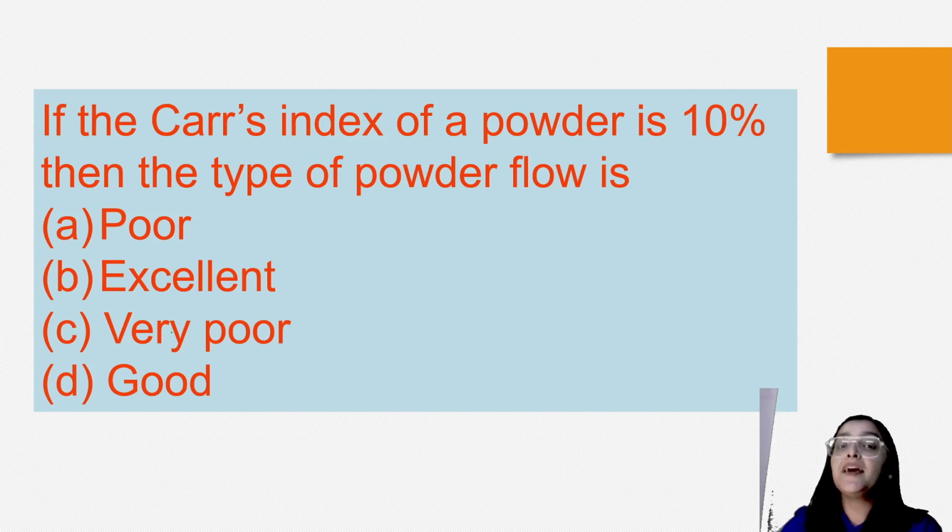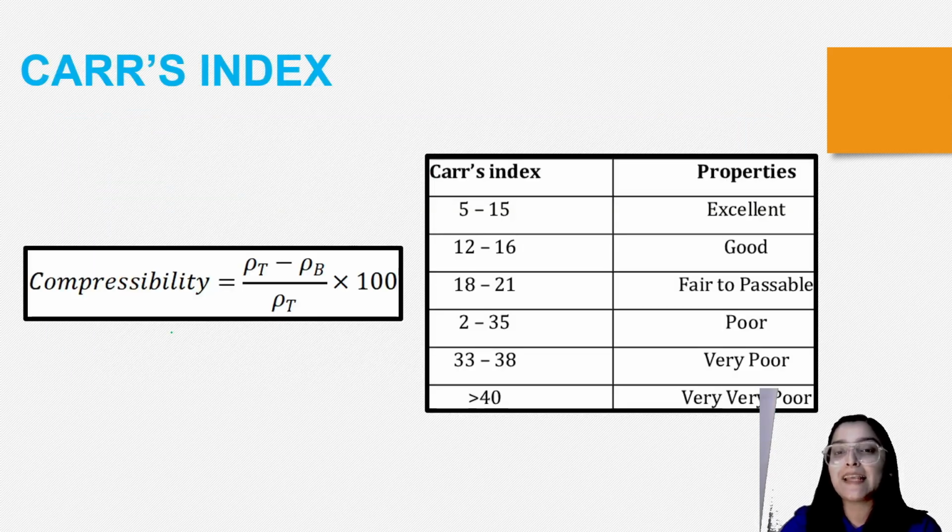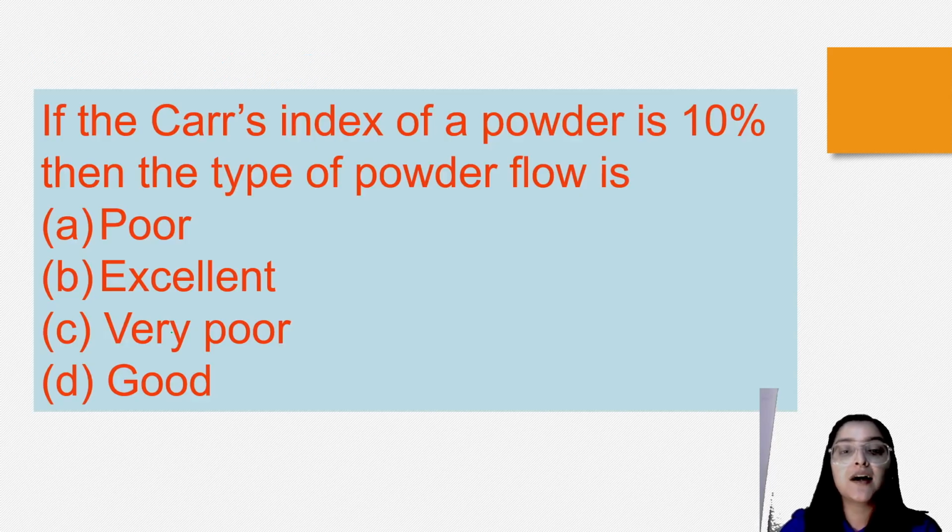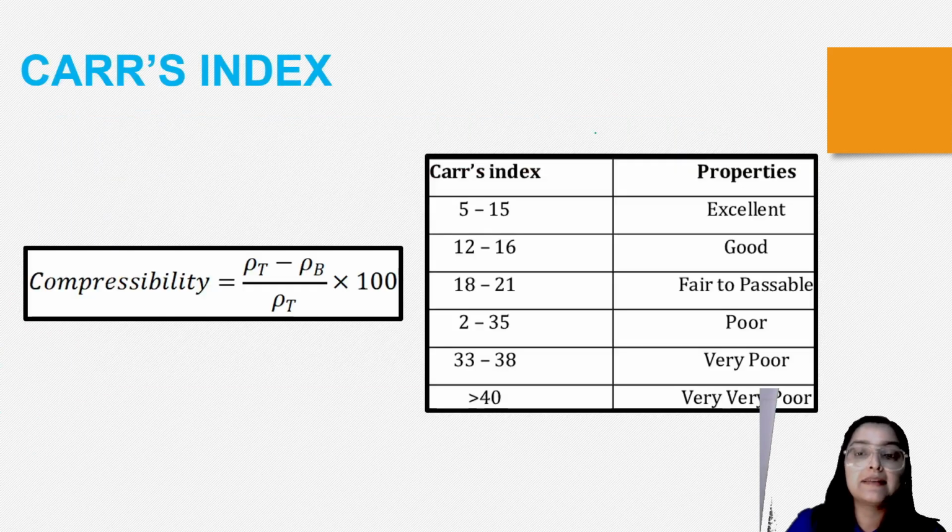So yes, if everybody has seen this table right in front of them, the values 5 to 10 indicate excellent flow properties, right? So if it's 10%, the answer will be excellent. Option B is the correct answer because 10% obviously lies in the excellent range.